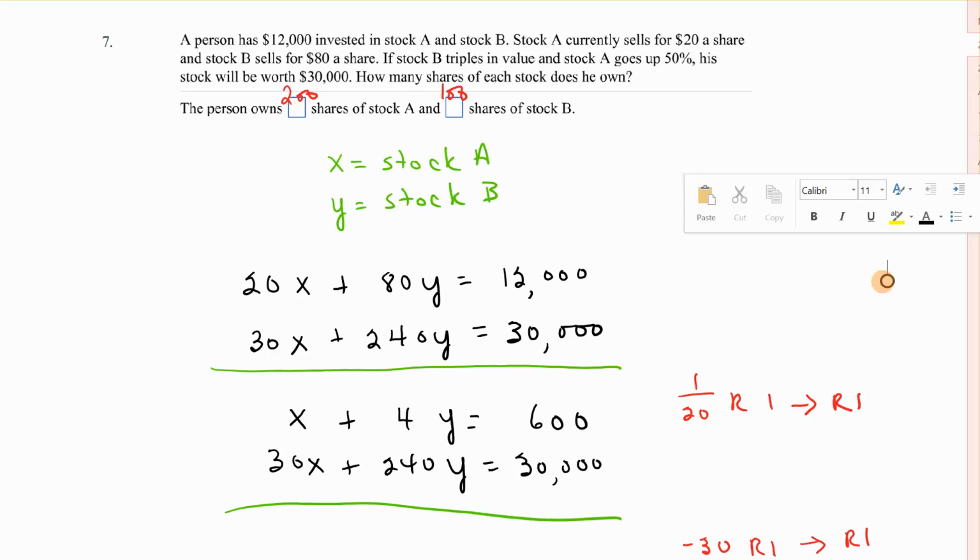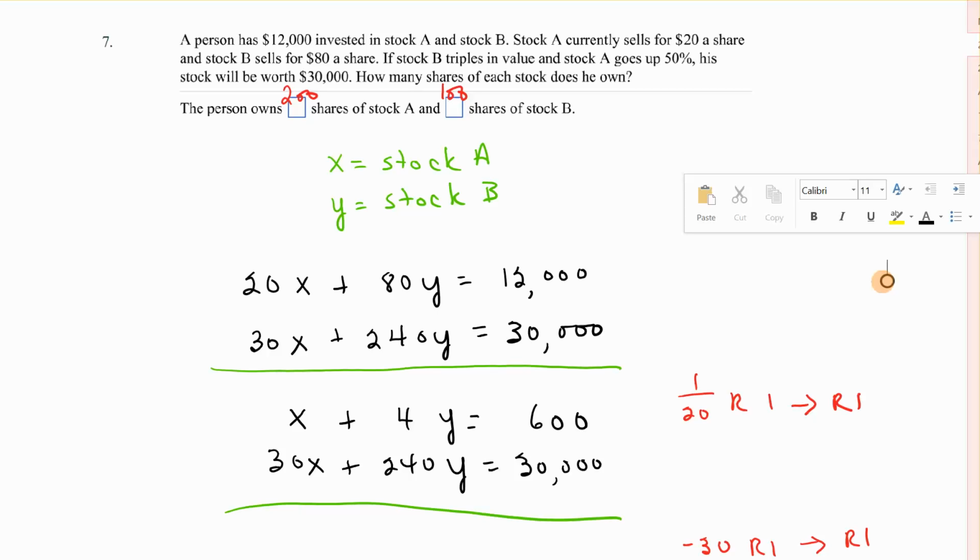We have another application. A person has $12,000 invested in stock A and stock B. A currently sells for $20 a share and stock B sells for $80 a share. If stock B triples and stock A goes up 50%, his stock will be worth $30,000. How many shares of each stock does he own?